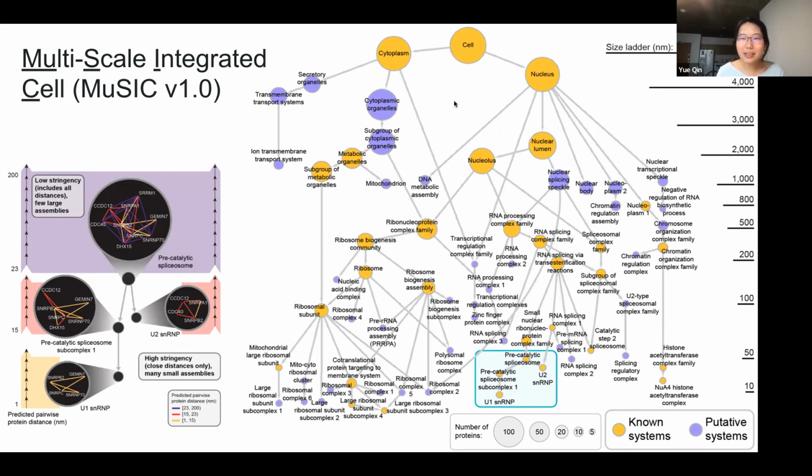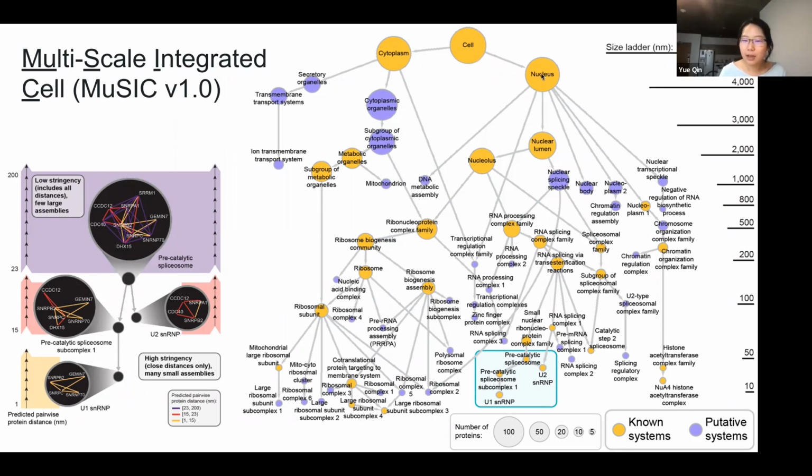So MuSIC here is also shown in a network view, but it's a very different network view from what I have been introducing previously, and also from the one I'm illustrating here, the protein-protein interaction networks. Here in the MuSIC map, each node represents a protein community instead of a single protein.